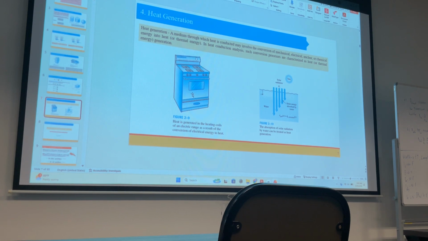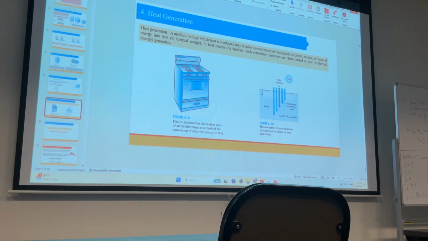The electricity passes from the wire to the oven and the grills inside the oven get heated up. Heat is generated in the heating coils of an electric range as a result of the conversion of electrical energy to heat. So any type of conversion is heat generation.